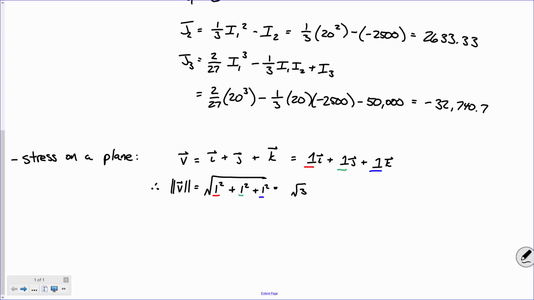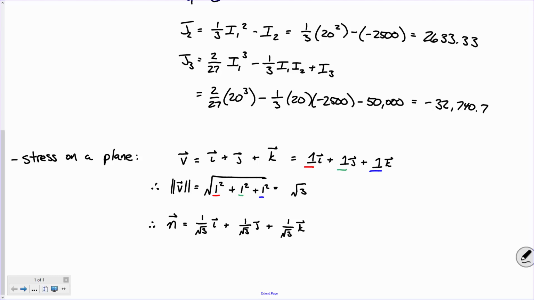So I propose to you that a unit normal vector is 1 over the square root of 3 i plus 1 over the square root of 3 j plus 1 over the square root of 3 k. I divide each of those terms by the magnitude or by the length, because if I calculate the magnitude of n, I'm going to get 1, a unit vector. Okay?